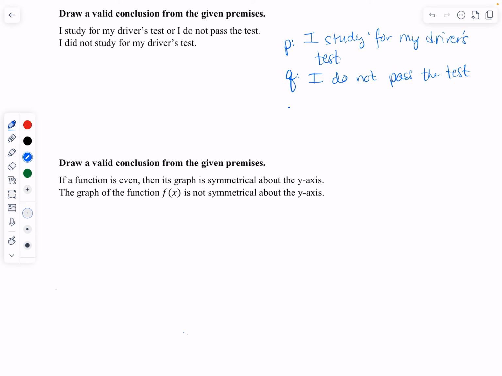Okay, so premises 1 is going to be I study for my driver's test, that is P, or I do not pass the test, which is Q.